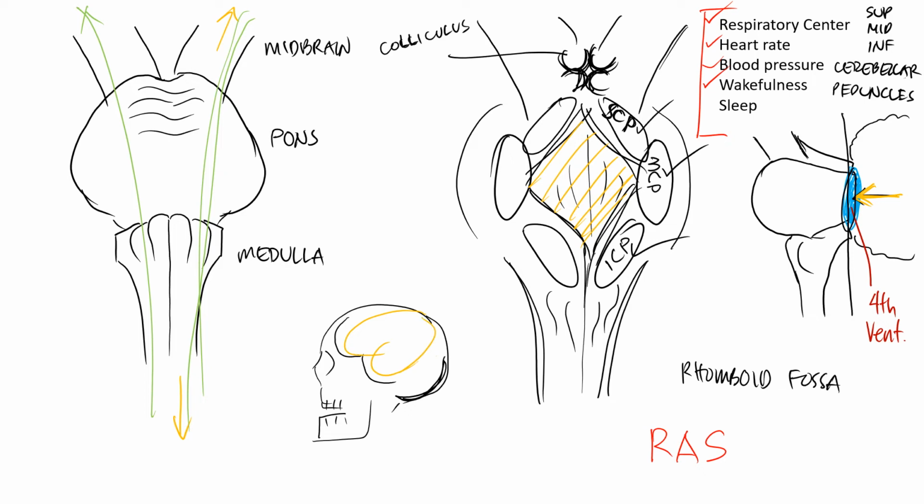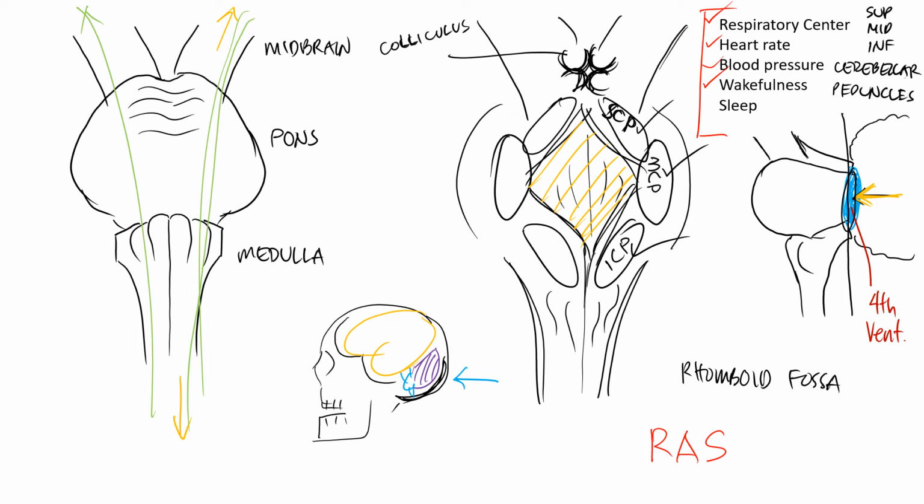Oh, there's your cerebellum there. Your brainstem is here in your posterior fossa. So part of your posterior fossa structures would be your brainstem: part of your midbrain, entirely your pons, medulla, and your cerebellum.